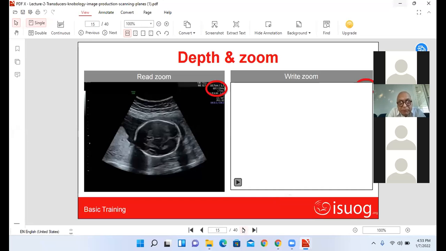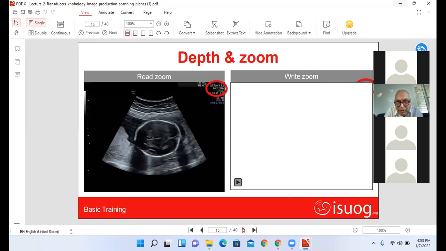Before it is stored in the computer memory, we put a box over the region of interest. Let us say when we are doing a fetal heart, we just ignore the other area except the surroundings of the heart. So we put a box, and when we press a button, the whole heart gets enlarged. In that we have put more lines, we are actually putting more information into that area only.